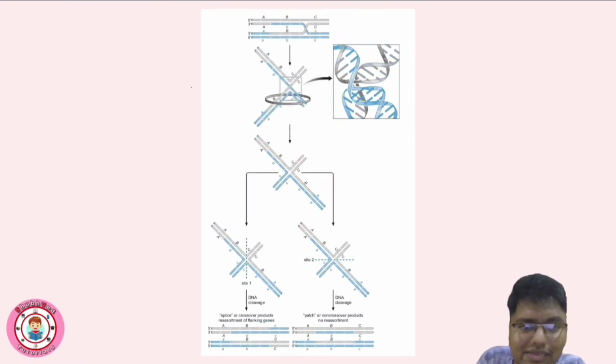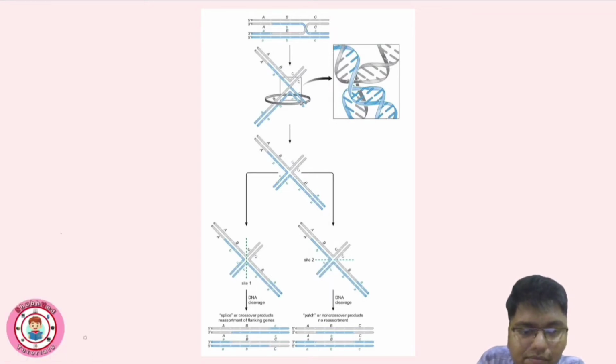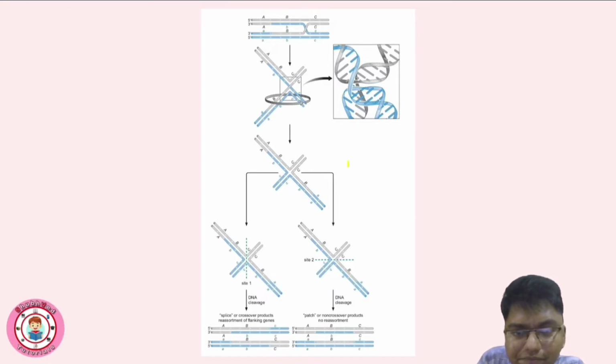Basically this slide is on the resolution of the Holliday junction. How is the Holliday junction resolved? Basically, there are two methods. When we change the orientation, this has to be imagined.